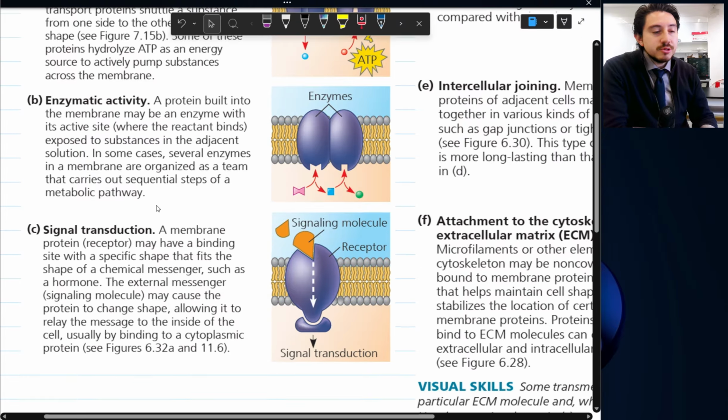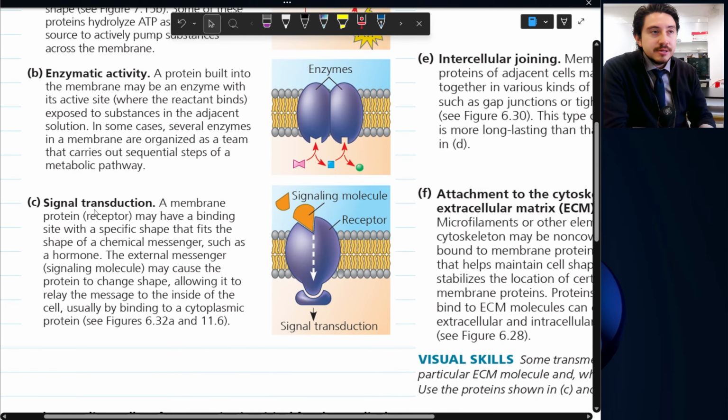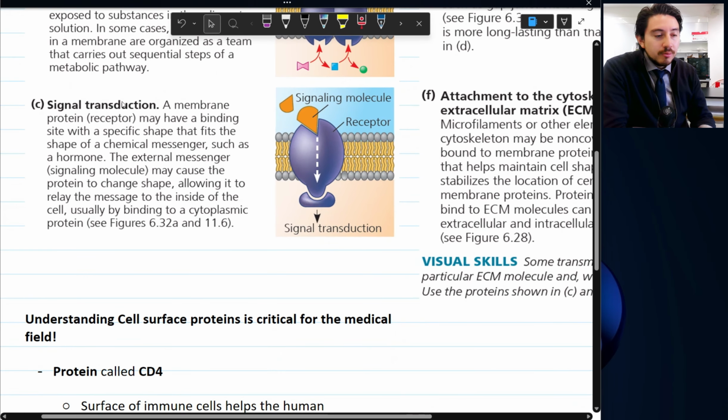Okay, you have signal transduction, where you have a special type of protein, which is a receptor, and these receptors can bind to very specific signaling molecules, or ligands, right? An example of this could be a hormone. And this signaling molecule can cause the protein to change shape, and that change in shape will relay a message to the inside of the cell, to another molecule, which can go further down into the cell.